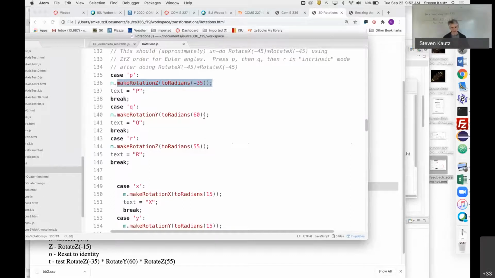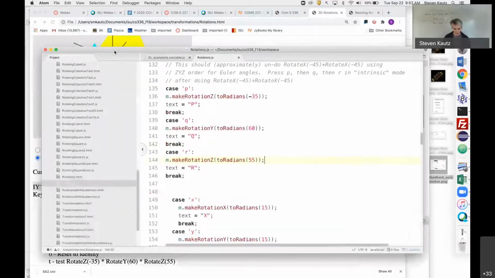And the 60-degree y rotation and then the 55-degree z rotation were obtained by trial and error. There are ways to get this analytically if you get stuck. But I was more concerned with my 3D intuition than I was with doing the math with all the sines and cosines.